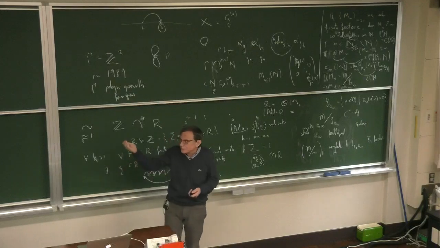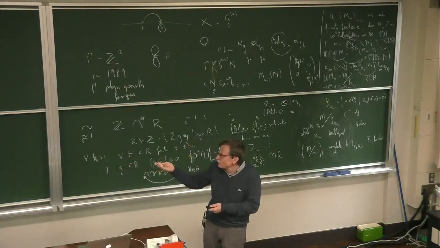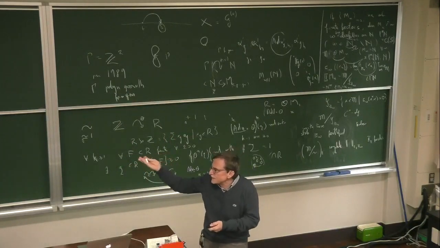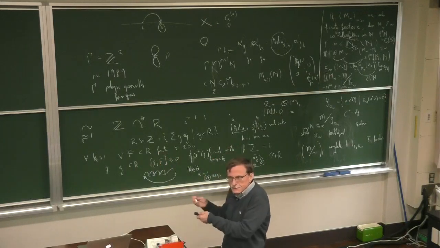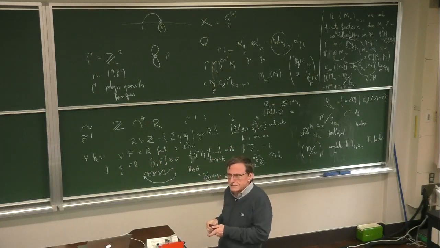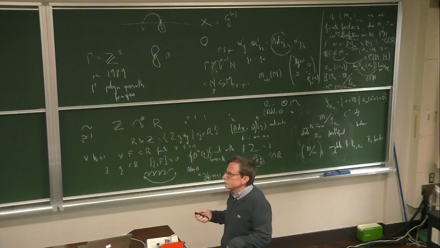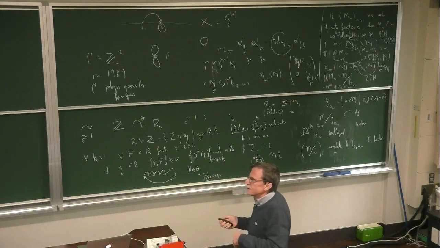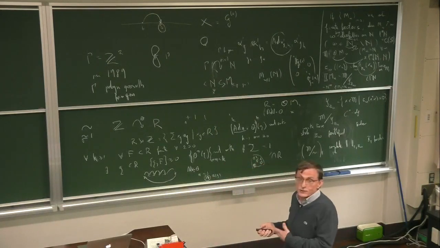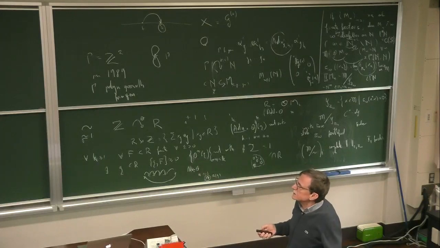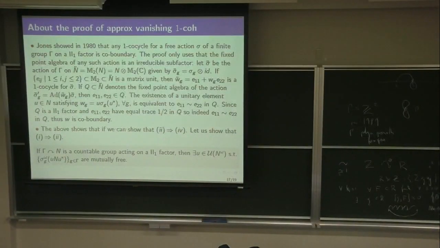So if that is true for any such action of an amenable group, it will be true for this, and therefore you have that 2 implies 4, right? So the above shows that 2 implies 4.